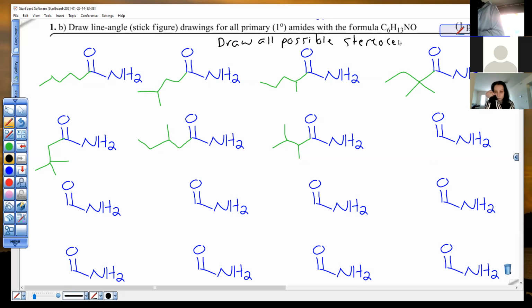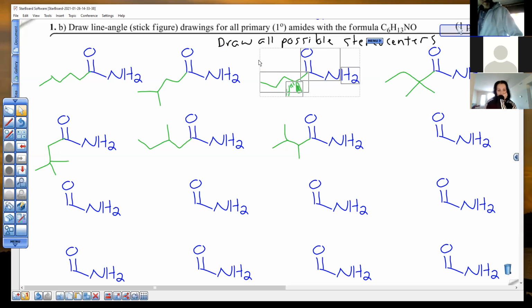That would get you a few more points because 2 of these have a stereocenter. 3 of these have a stereocenter. This is a stereocenter here, and you could draw the R version and the S version, and they'd be different molecules. You've got that one.